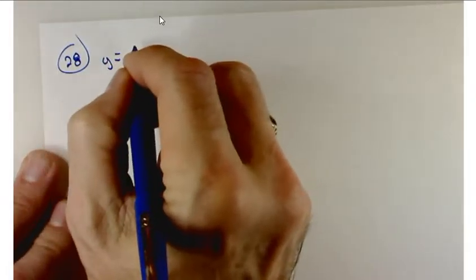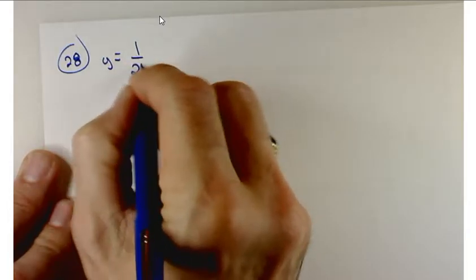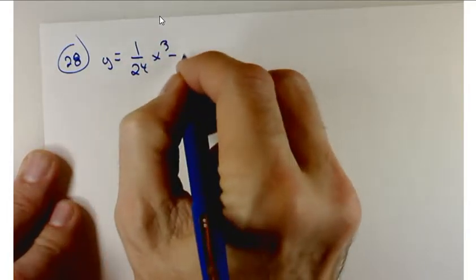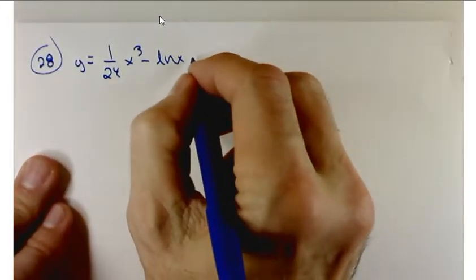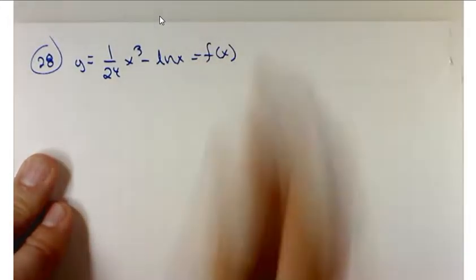Y equals 1/24 x cubed minus ln of x. I'll also consider that as f of x.